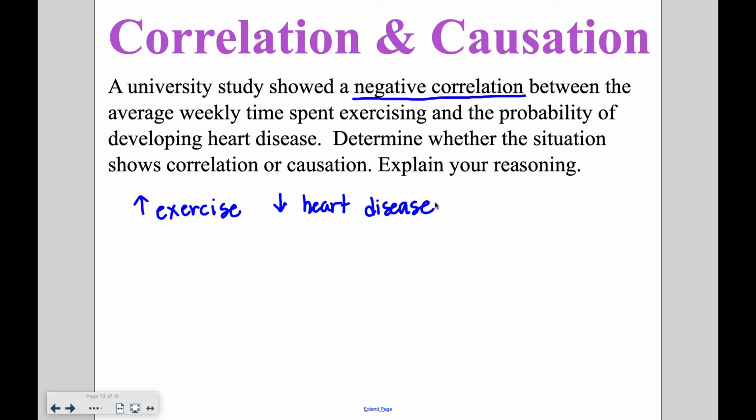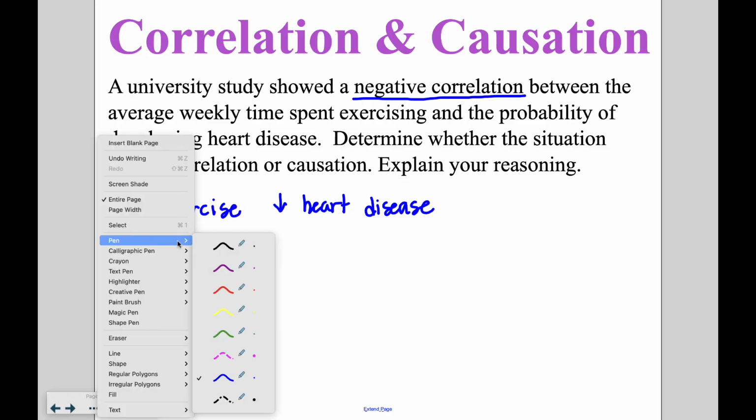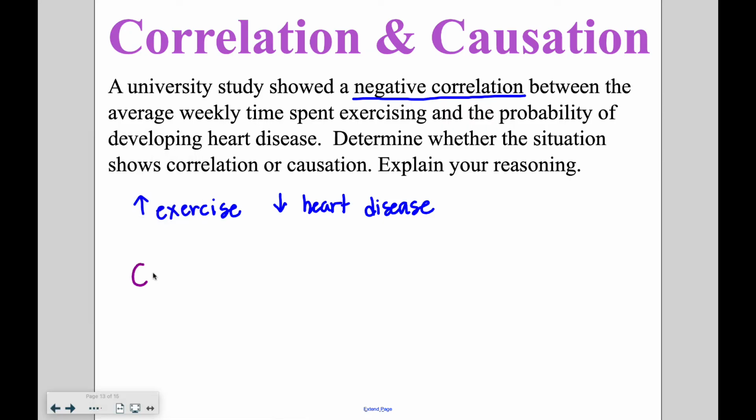Then you need to decide, are those two just coincidence, or could one actually cause the other one? In this case, this is going to be causation.